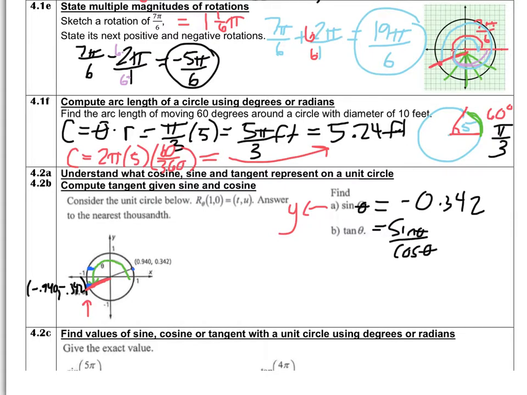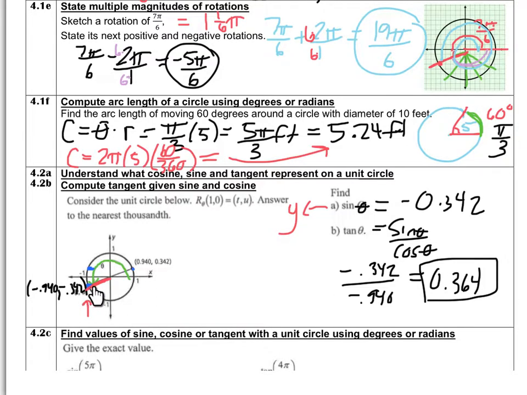So all I need to do is take the sine value at that theta movement, and our angle movement is right here, so that's sine over cosine. If you just write that out, what you're going to have is negative 0.342 divided by negative 0.940, and when you simplify that, you get it's a positive 0.364. So the slope of this ray that creates that angle movement is this value here.